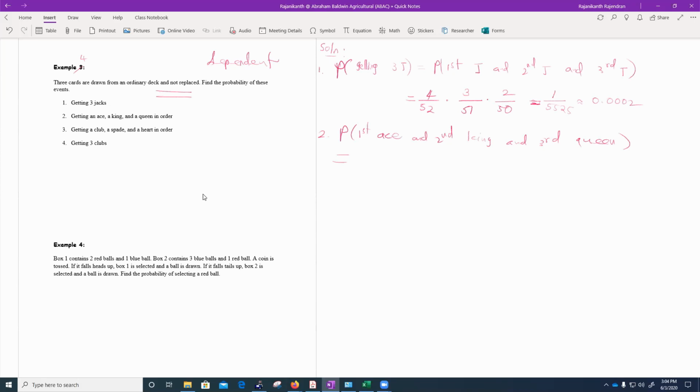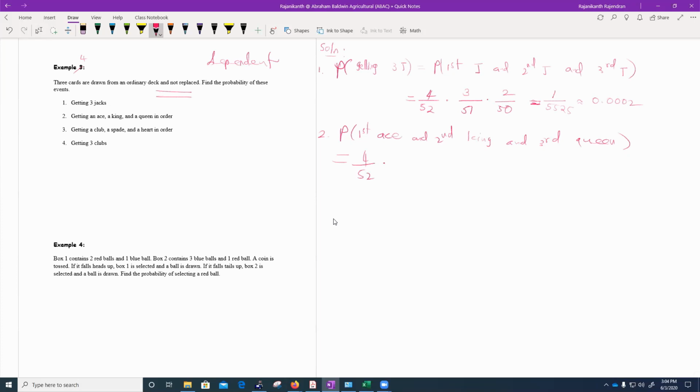Simply you just find the probability of first getting an ace. So what is the probability of getting ace in the first attempt? Remember, there are 4 aces in your card pack, so it's going to be 4 out of 52.